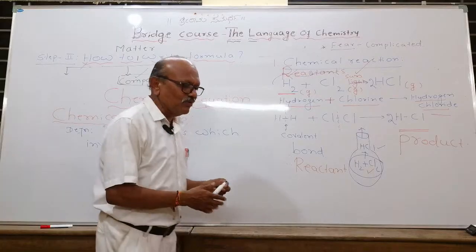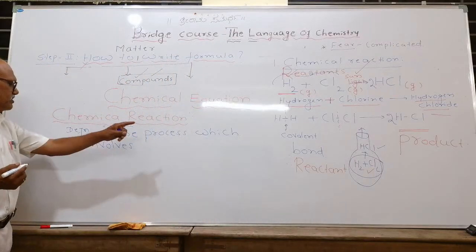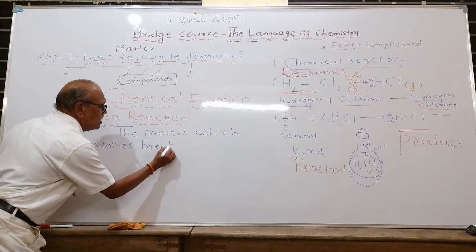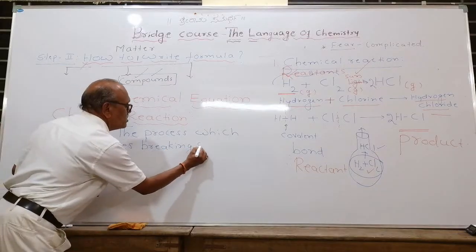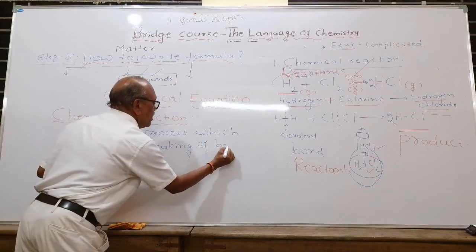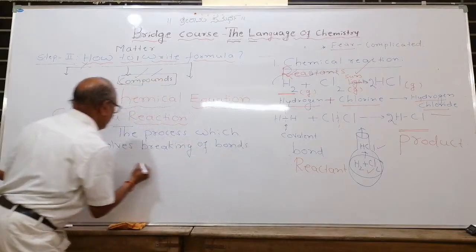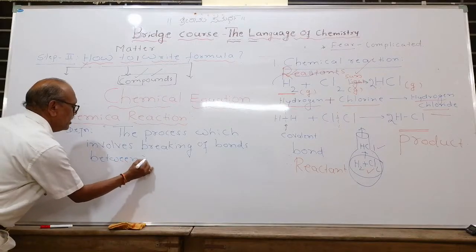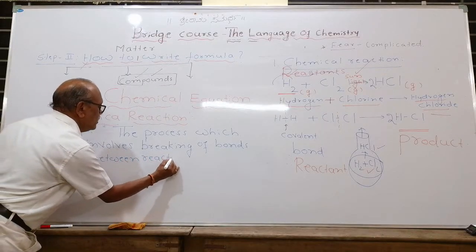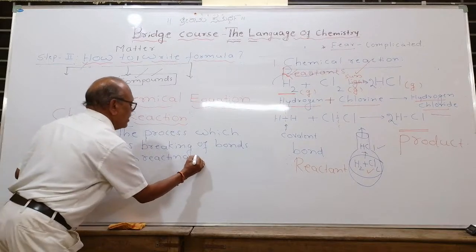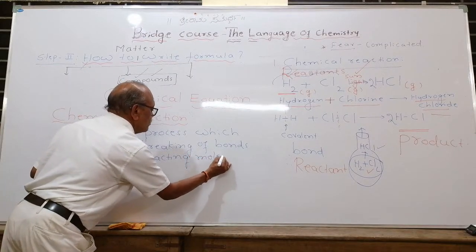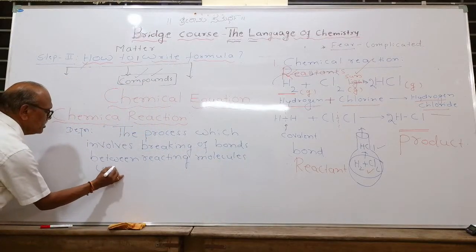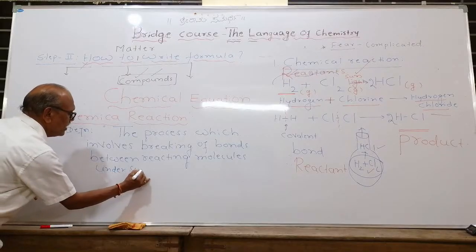Up to PUC 1 also, chemical reaction has the same meaning. The process which involves breaking of bonds. You can write the perfect definition. Breaking of bonds between reacting molecules under suitable conditions, because conditions are required to break the bonds.